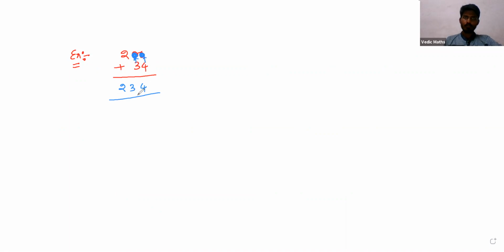So based on this logic, if I write 200 minus 34, then we can write this number as 200 plus 3 bar 4 bar.